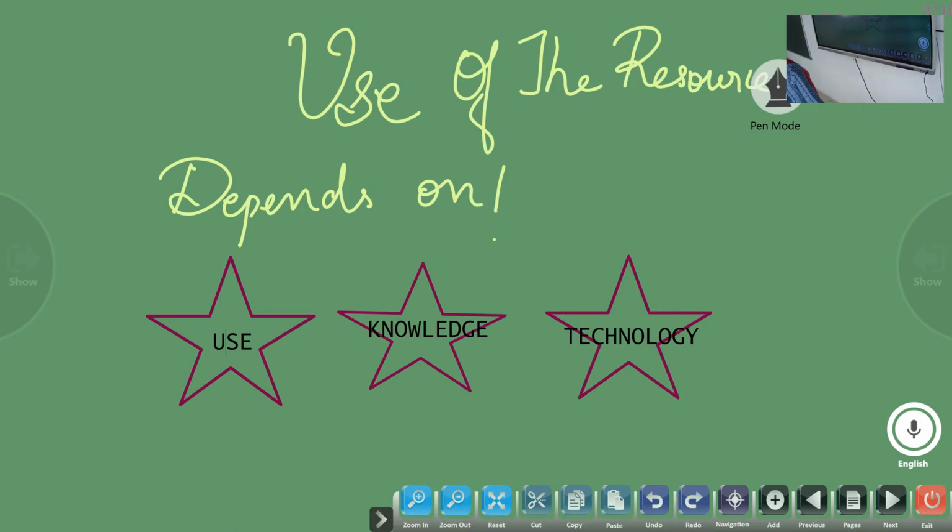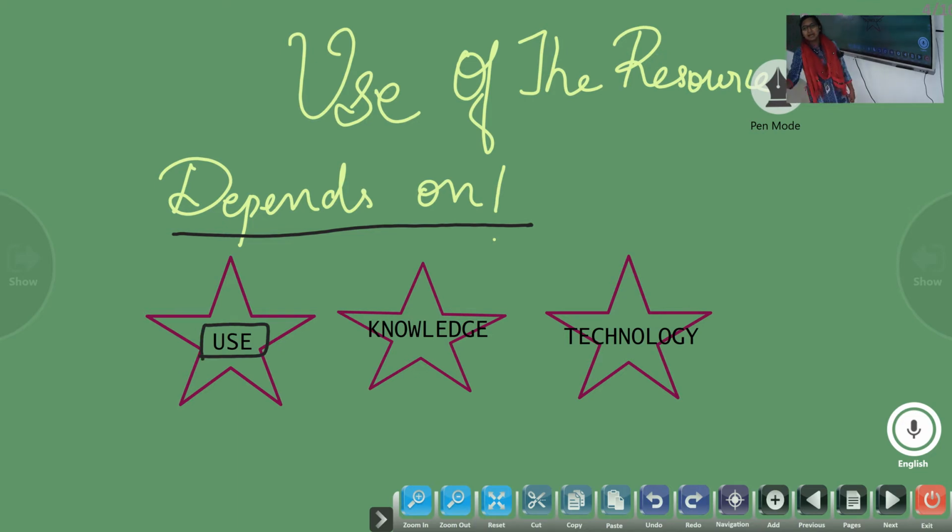Use of the resource. Now, any place has resource. Every part on earth has resource. However, the resource can only be used if there are three things found. So, the use of the resource depends on, firstly, if there is a use.